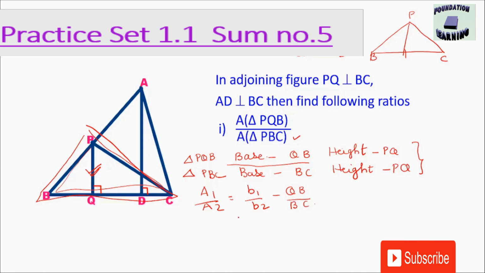So what is the final answer? Which are the two triangles we are taking? We are taking area of triangle PQB upon, it's there in the question, area of triangle PBC. And what have we got? We have got QB upon BC.